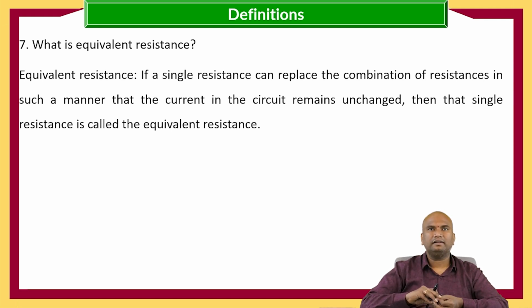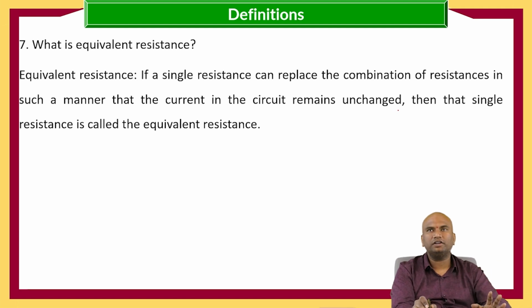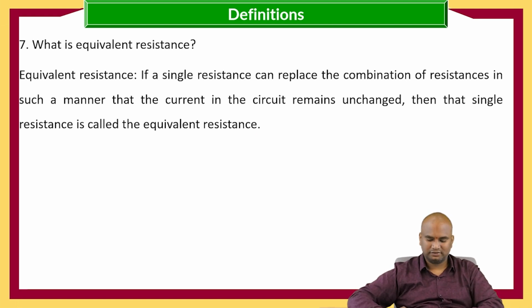That single resistance is called an equivalent resistance. If a single resistance can replace a combination of resistances in such a manner that the current and voltage in the circuit remain unchanged, then that single resistance is called equivalent resistance.